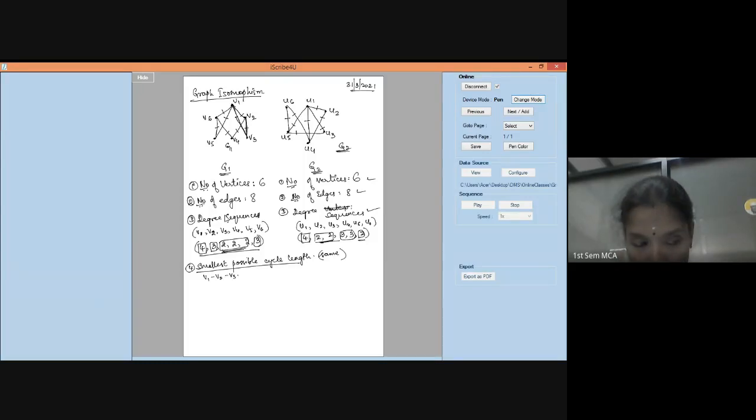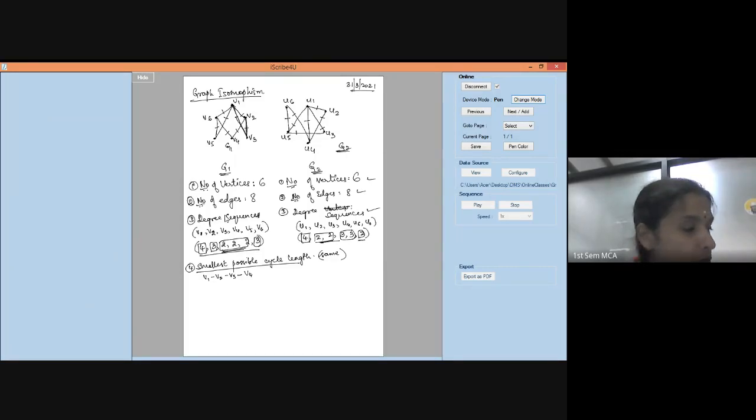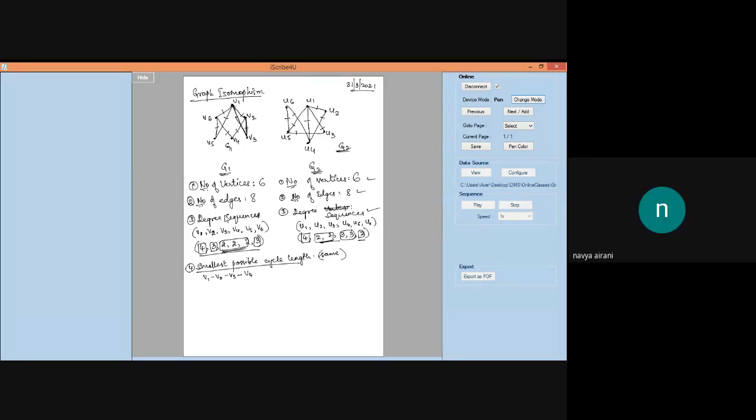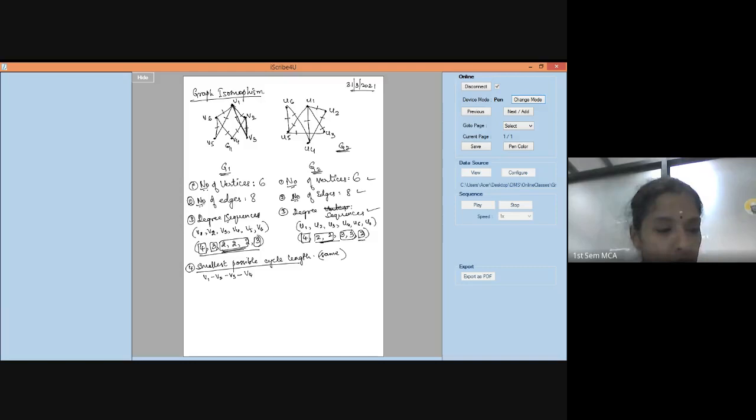V1 to V2, V2 to V3, and V3 back to V1. So what is the length of this cycle?